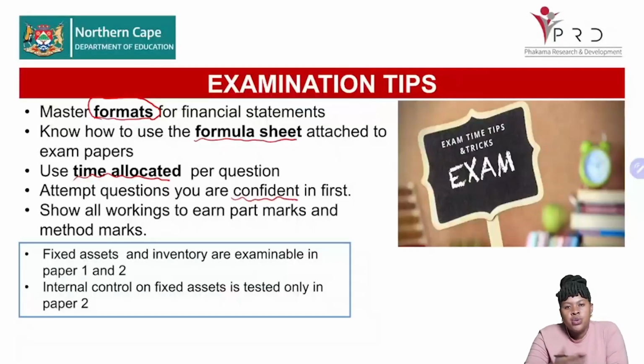So you do what you know first. As soon as you realize that this question is more complicated and you don't know it, move on to the next question. You will come back to it so that you get the marks that you actually would have gotten, rather than wasting time on questions that you don't actually understand. Okay, so attempt the questions first, and then you'll do the more complicated ones at a later stage.